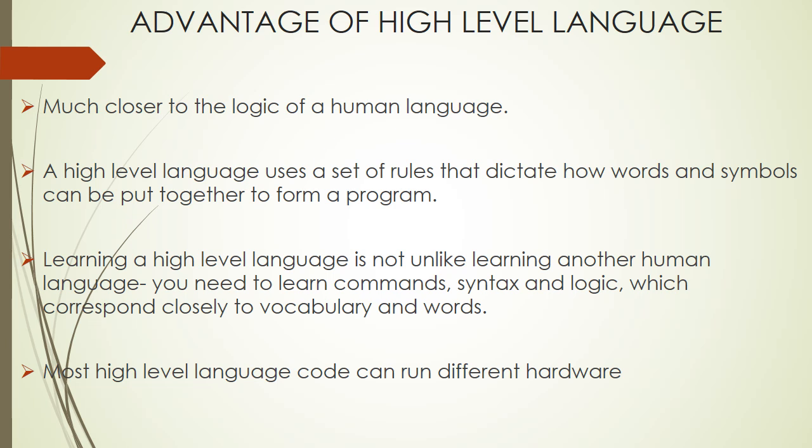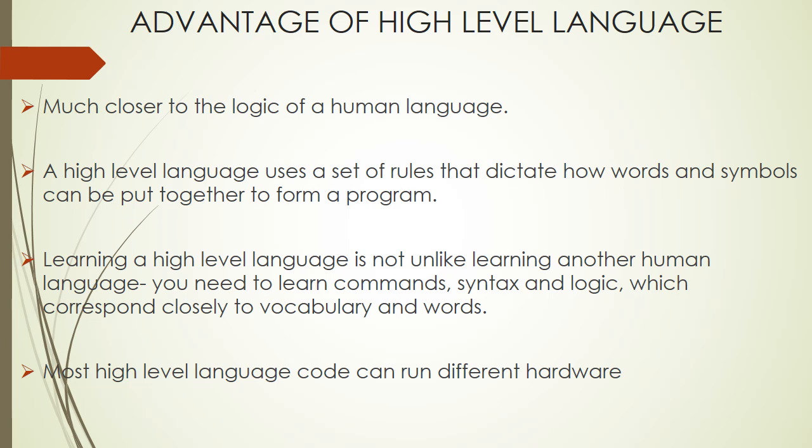A high-level language uses a set of rules that dictate how words and symbols can be put together to perform a program. With the help of words and symbols, it provides protocols that individuals will be able to follow step by step. Learning a high-level language is not unlike learning another human language.